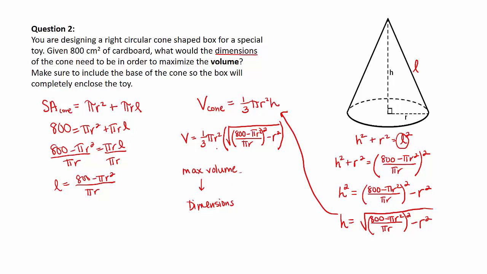And when we see the X, that's really telling us the radius. So we're going to find the radius first, and then that's going to lead us to a height as well. Right? That's the real goal here. So let's go to the calculator.